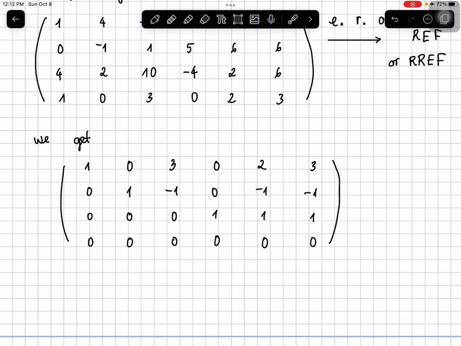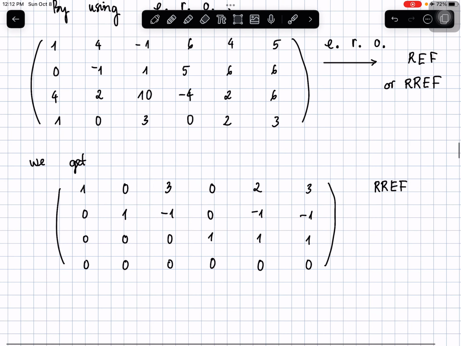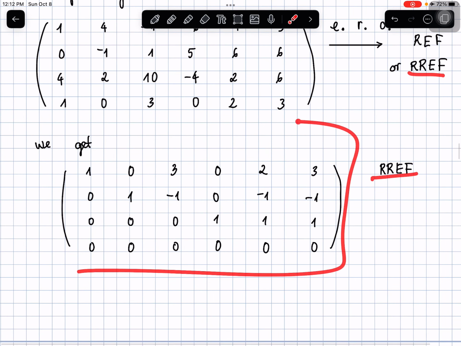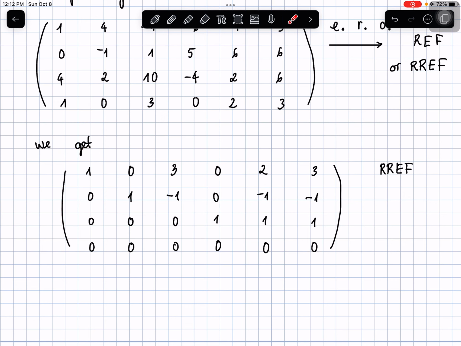Okay, so this is a reduced row echelon form of A, but we can just keep it as row echelon form. We don't need the reduced version. Anyway, this is the row echelon form or reduced row echelon form we get.